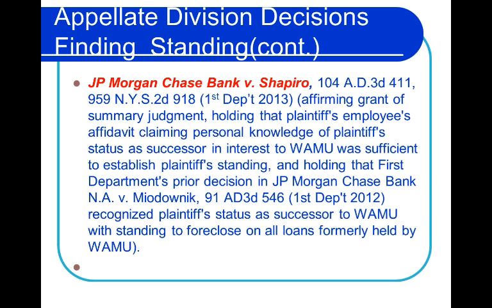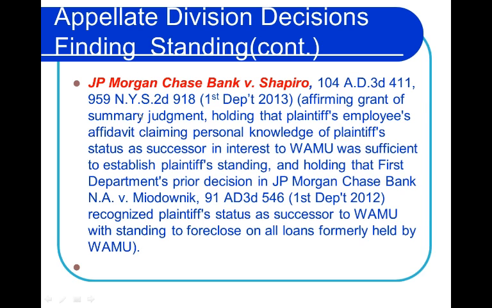That was a situation where WAMU was taken over, and then J.P. Morgan Chase went into receivership, and then from the receivership, J.P. Morgan Chase acquired all of those loans. So that is pretty much a done deal, and there are some similar issues regarding IndyMac loans now held by One West.